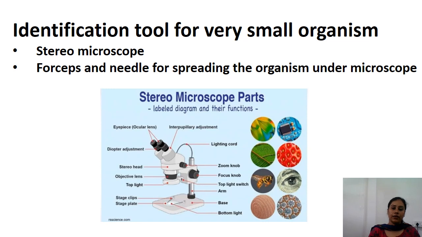For identification, we must use a stereo microscope, forceps and needle for small organisms. Those organisms which cannot be identified with our bare eye, we should place inside the microscope and use forceps and needle for spreading the organism under the microscope, and after that we can identify that organism very easily.